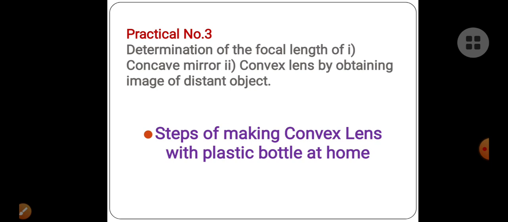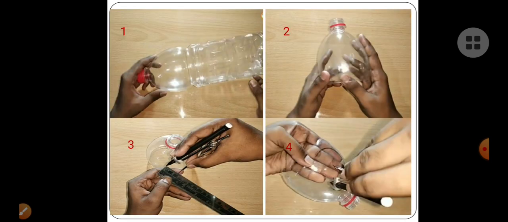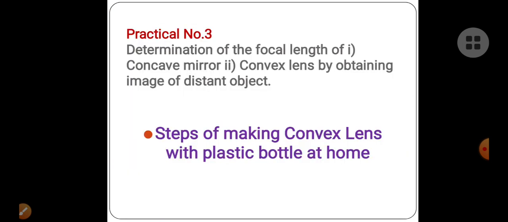Now practical number 3, that is determination of focal length of concave mirror and convex lens by obtaining image of a distant object. Distant object means the object placed at infinity.